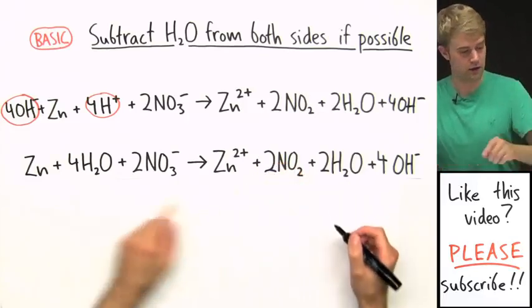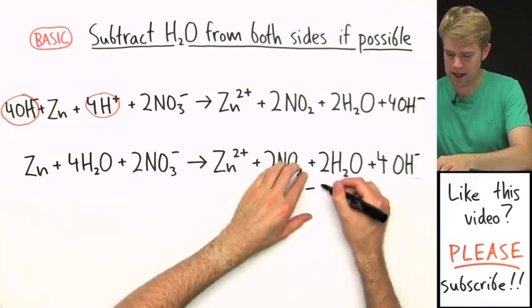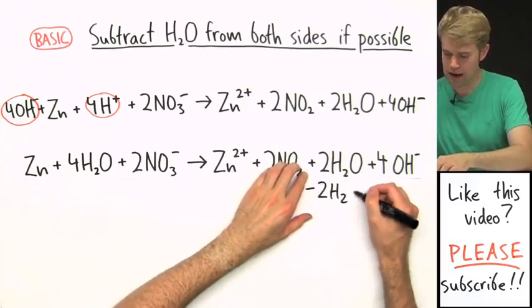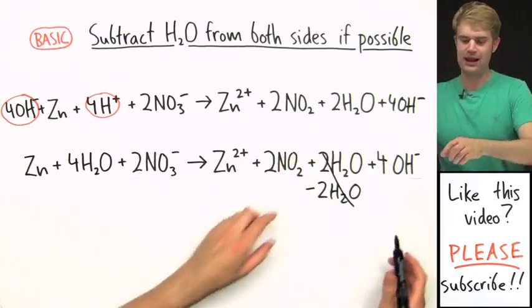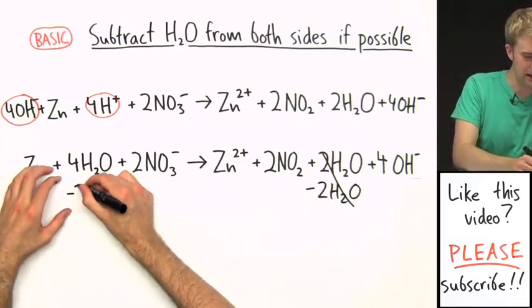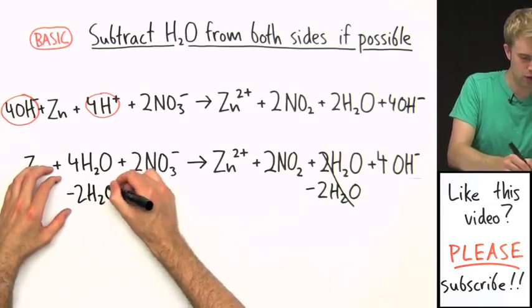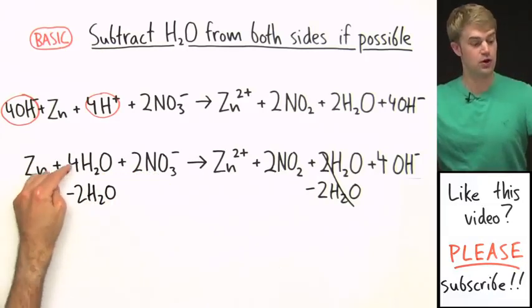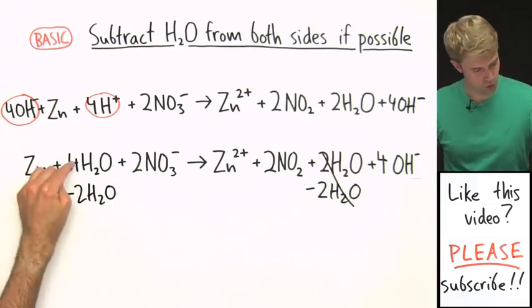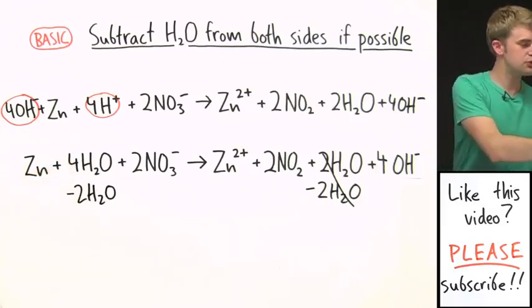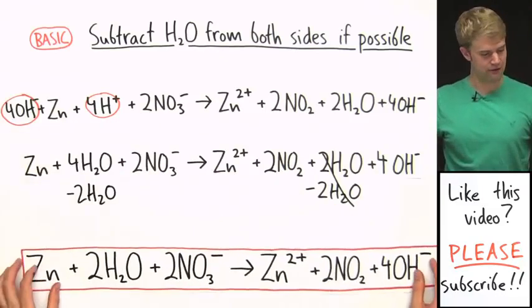So I have 2 H2O here, 4 there. So I can do minus 2H2O, and that will cancel that out. I can do minus 2H2O, and that will leave me with 2H2O on this side, because 4 minus 2 is 2. So this will be my final equation.